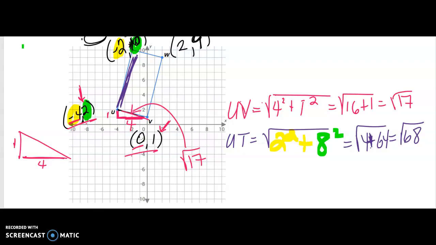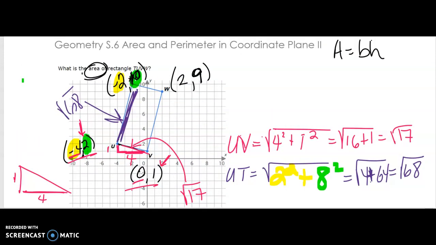Now that may or may not simplify anymore, but we don't really care because now we have the base and the height of the rectangle, because this right here is the square root of 68. So if we go back up here where I wrote the formula, what was the base? The square root of 17. What was the height? Square root of 68.